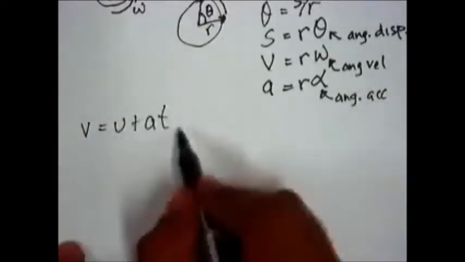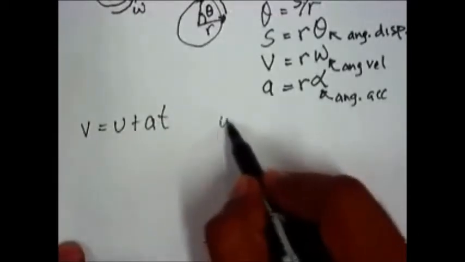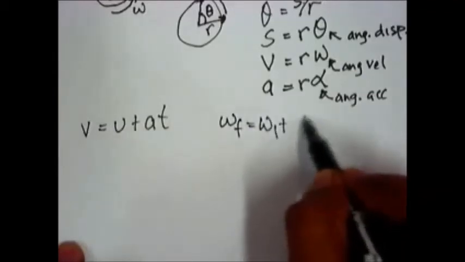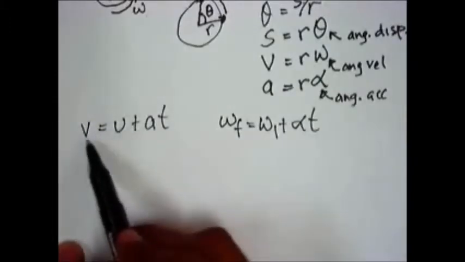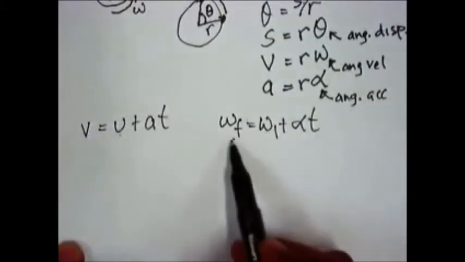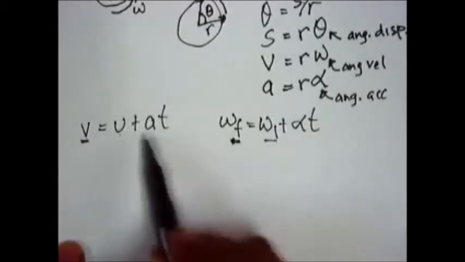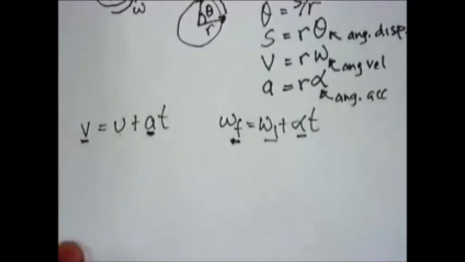The equivalent of this equation in rotational dynamics is omega f is equal to omega i plus alpha t. Can you see each of the values have changed with its respective angular values? So velocity, that's linear velocity, is replaced by rotational velocity. When you look at acceleration, it is replaced by angular acceleration.